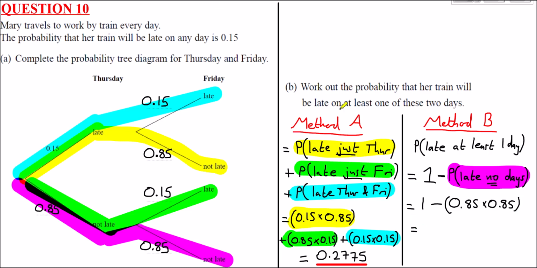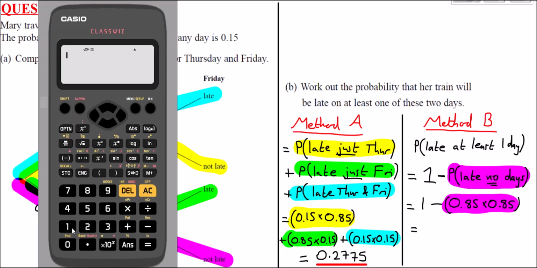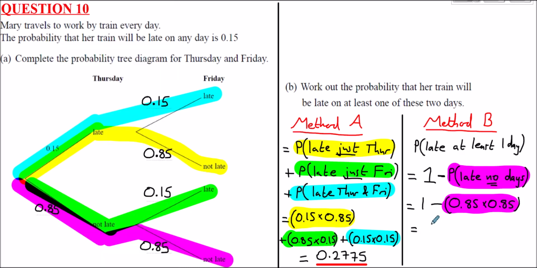So we can calculate this. One minus 0.85 times 0.85. And again, unsurprisingly, we get the same value of 0.2775. That's question 10 done.